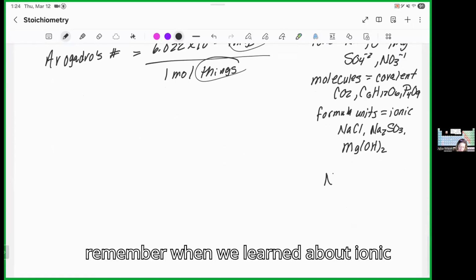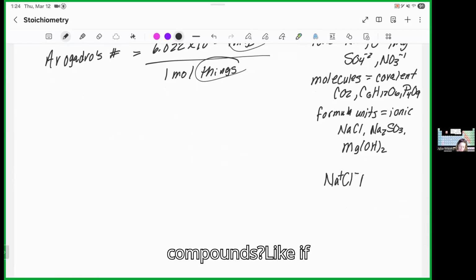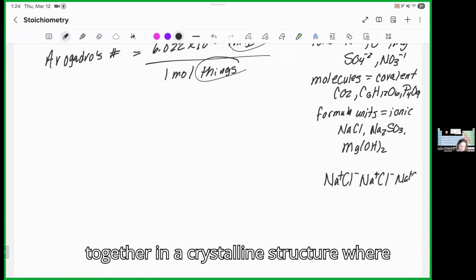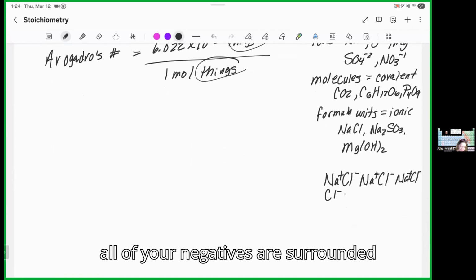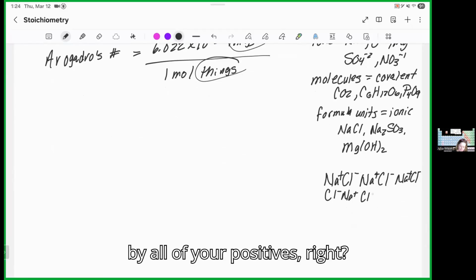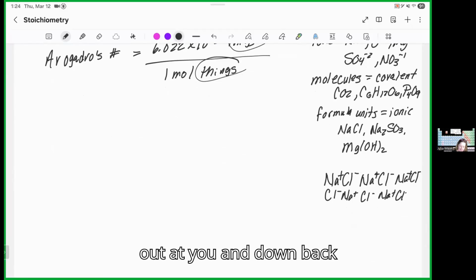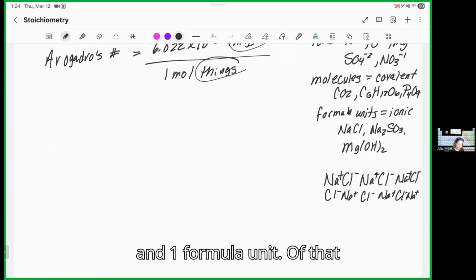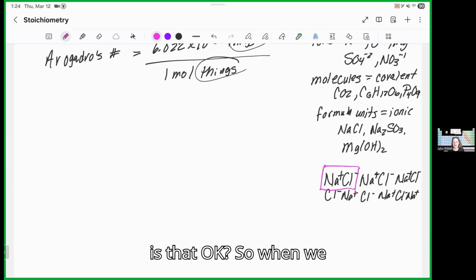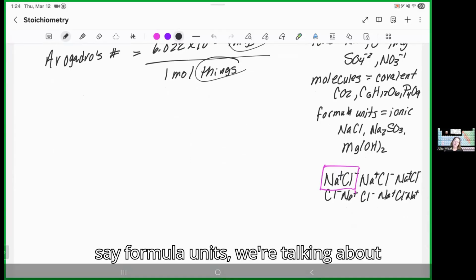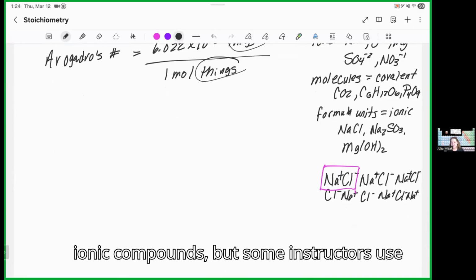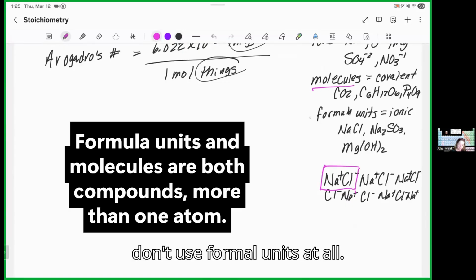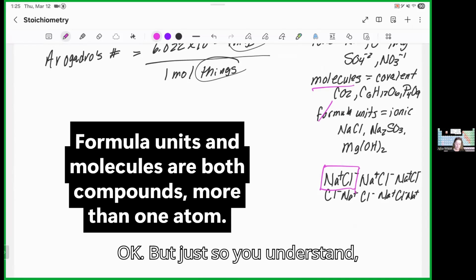Because remember, when we learned about ionic compounds, like if I had sodium chloride, it comes together in a crystalline structure where all of your negatives are surrounded by all of your positives, right? And that's three-dimensional. That comes out at you and down, back away from you. It keeps going. And one formula unit of that is that. So when we say formula units, we're talking about ionic compounds. But some instructors use molecules for both of those and don't use formula units at all. Okay, but just so you understand.